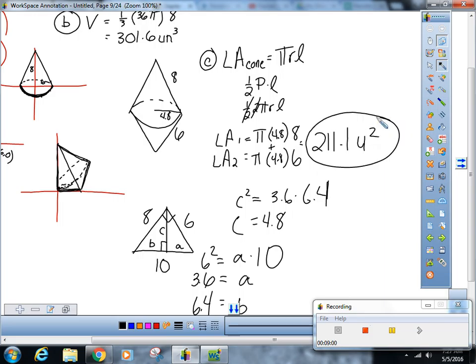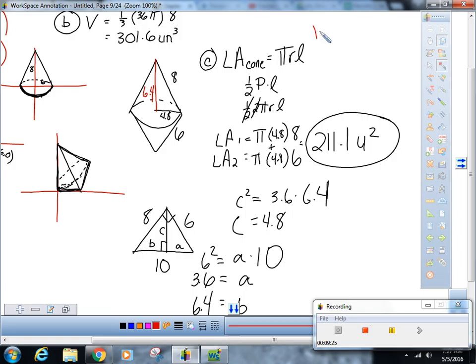The volume: now I've got to find two different heights here. Can someone please do the square root of 8 squared minus 4.8 squared? What'd you get? Excellent, that makes sense because it's a 3-4-5.